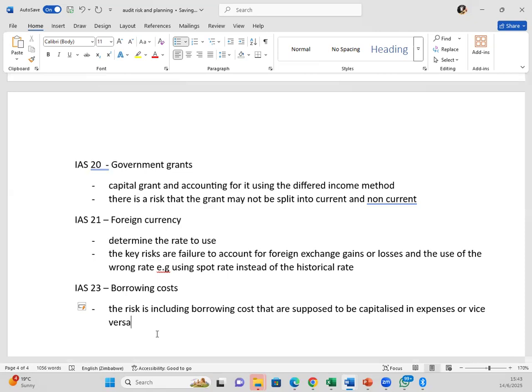So the first risk is treating borrowing costs that are supposed to be capitalized as expenses, or treating those that are supposed to be expenses as capital. That is the issue regarding the borrowing cost.